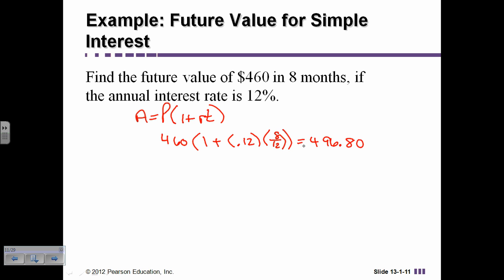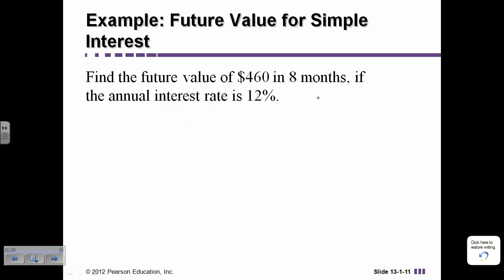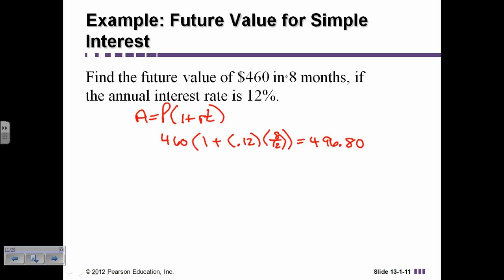So again, if I took that problem and I just simply calculated interest, if I did interest equals principal times rate times time, I would end up with 460 times 0.12 times 8 over 12.